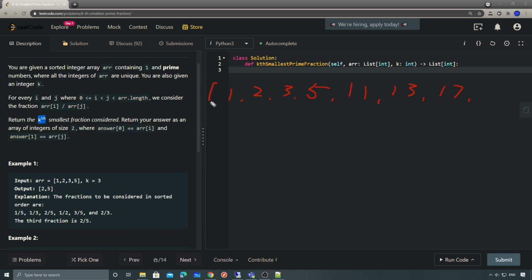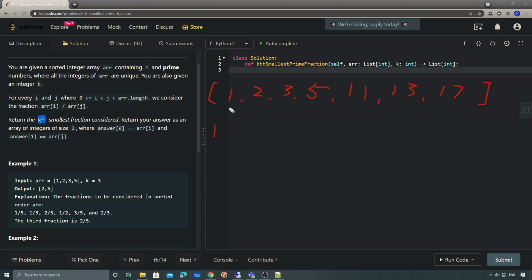So if this is the list of the array here, and assuming, let's say we fix the first number, if we have the first number equals to 1, the more we go to the right side, the smaller the number is, right?